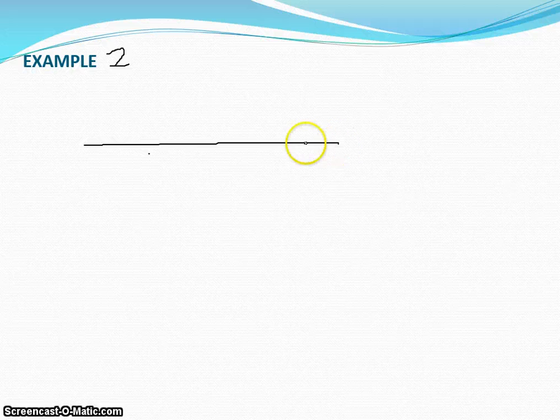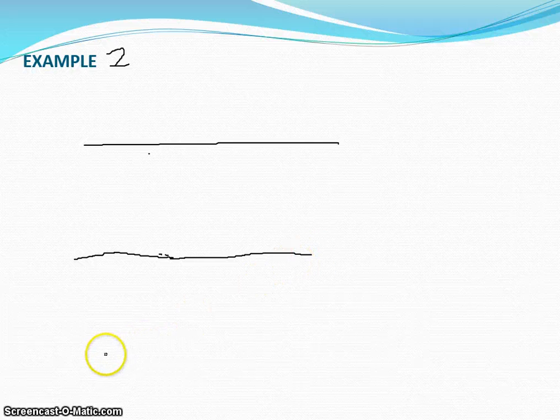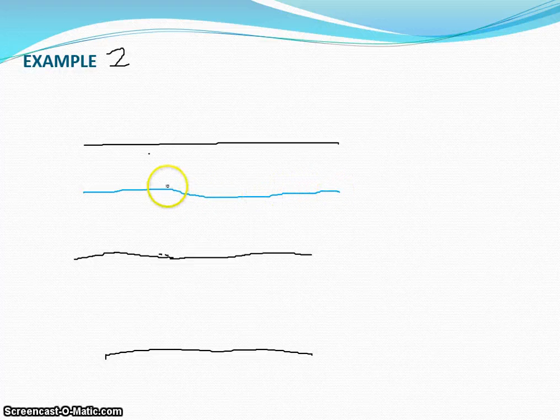Okay, let's do this example number 2. You still remember that we have a ground, a second layer, and also a third layer, and at some distance we have a groundwater table.